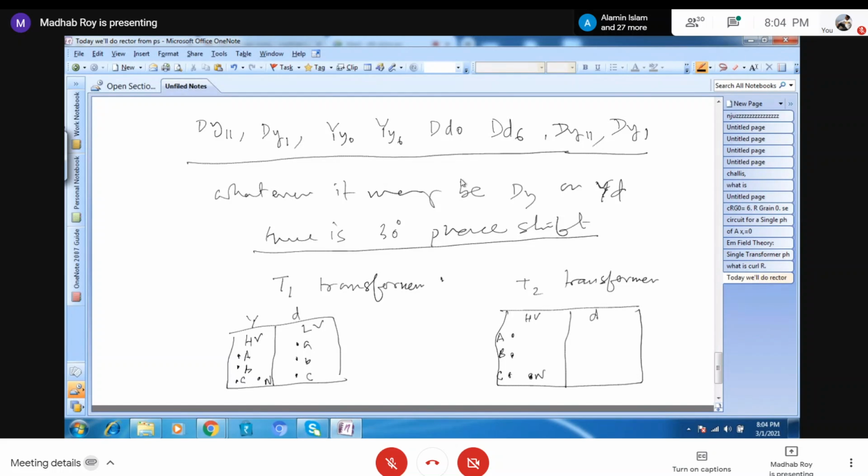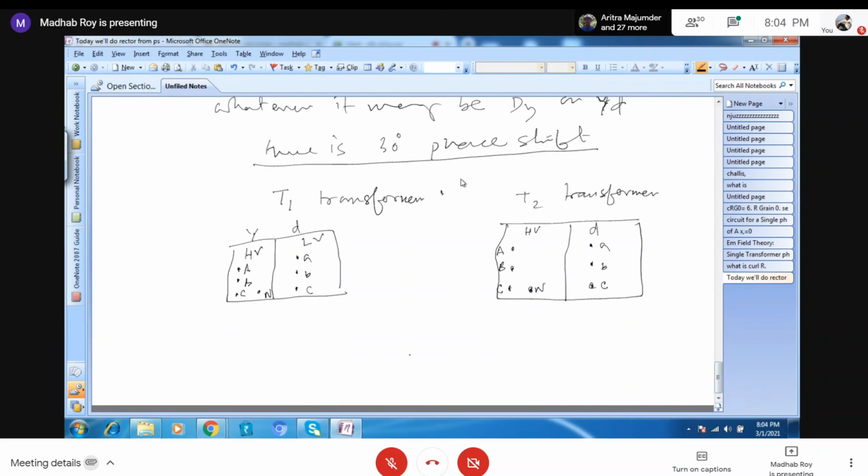And here it is also a delta with A, B, C. Now from the outside, can you determine whether it is YD11 or YD1? Can you determine it? From the outside, is it possible?